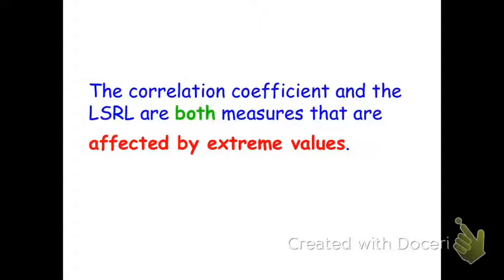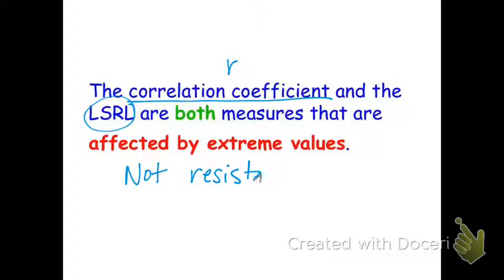So just know when we're talking about things that are resistant and not resistant, the LSRL and the correlation coefficient, which is the symbol what? R. So R and the LSRL are both measures that are affected by extreme values. So they are not resistant.